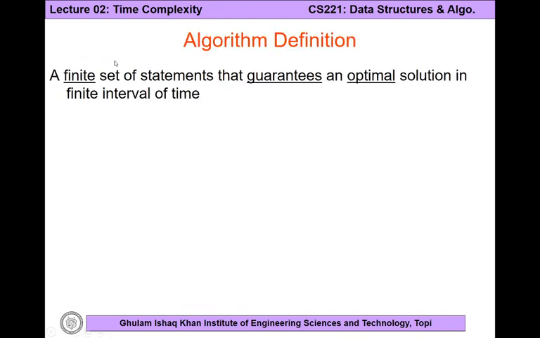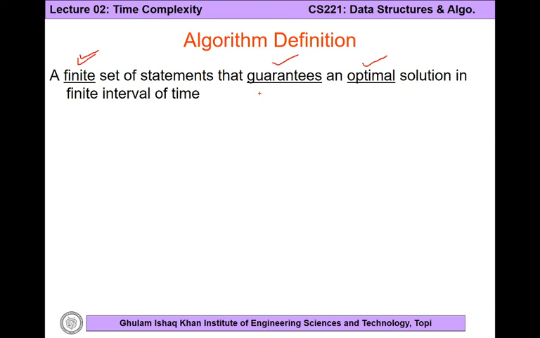So previously we talked about what an algorithm is. An algorithm is a finite set of statements that guarantees an optimal solution. By finite, we mean that there should be no piece of code or statements in your algorithm that take it into an infinite loop. And by guarantee, we mean that if the algorithm is working on a Core i7 machine, then it should work on Core 2 or Pentium 3 or Pentium 4 as well.